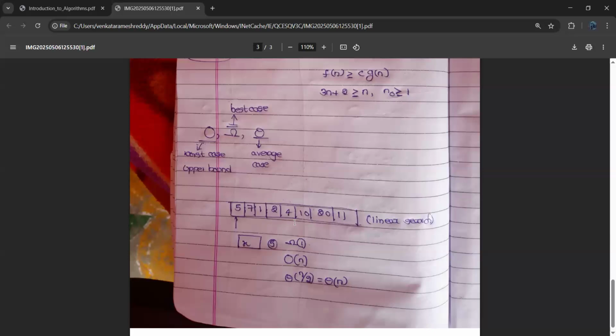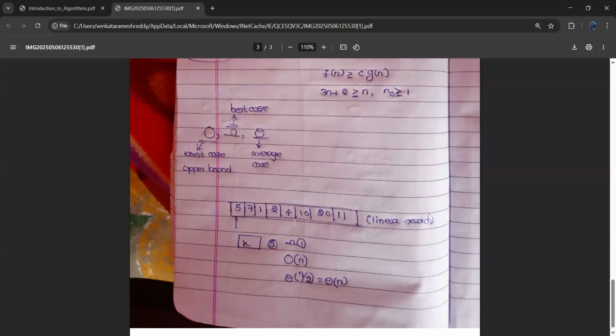Always the best case time complexity should be the best choice. It means the element will always be found in the first position. Whenever you are searching the element in the array, it will be found at the beginning of the array. So this is the best case.